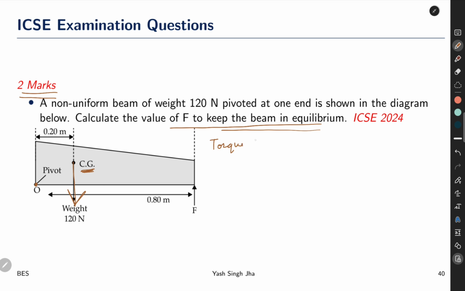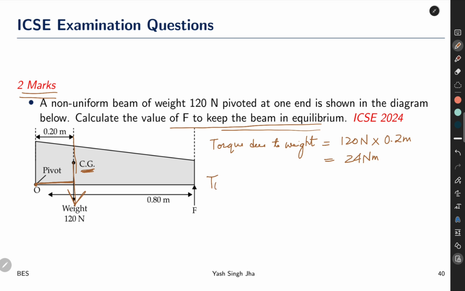Torque due to weight is the weight of the body, 120 Newtons, times the distance between the line of action of force and the point of rotation. This distance is 0.2 meters, which turns out to be 24 Newton meter.